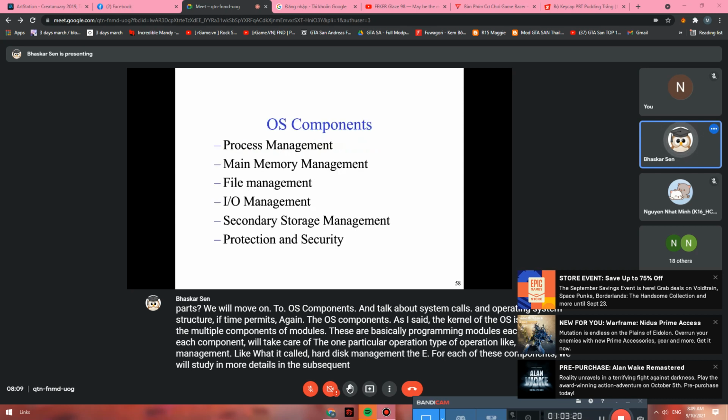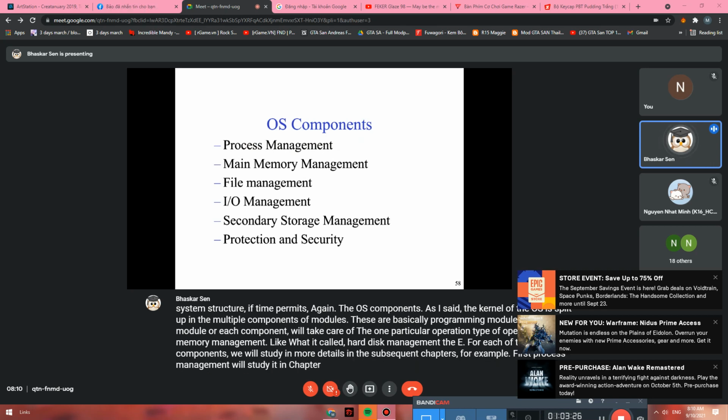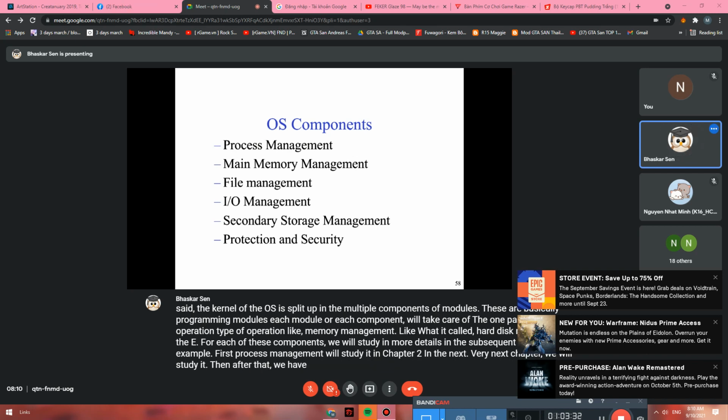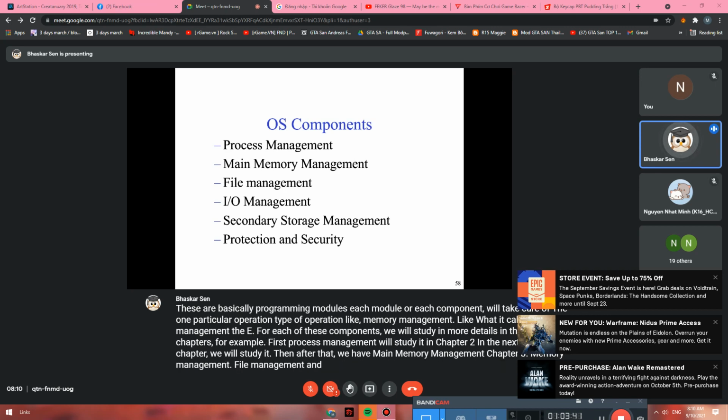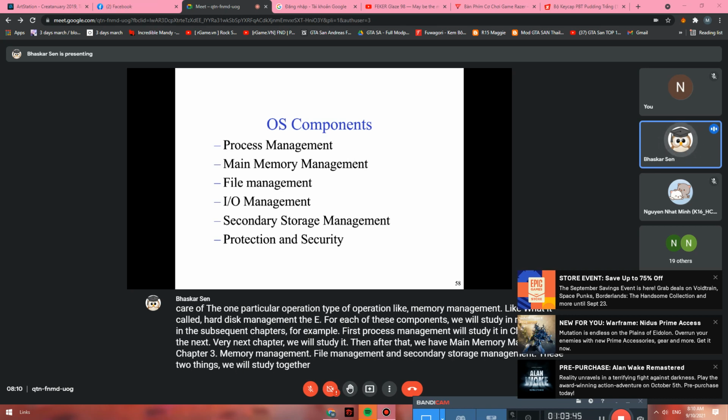For example, first, process management. We'll study it in chapter 2, in the very next chapter. Then after that, we have main memory management, chapter 3. File management and secondary storage management, these two things we will study together in file systems, chapter 4.